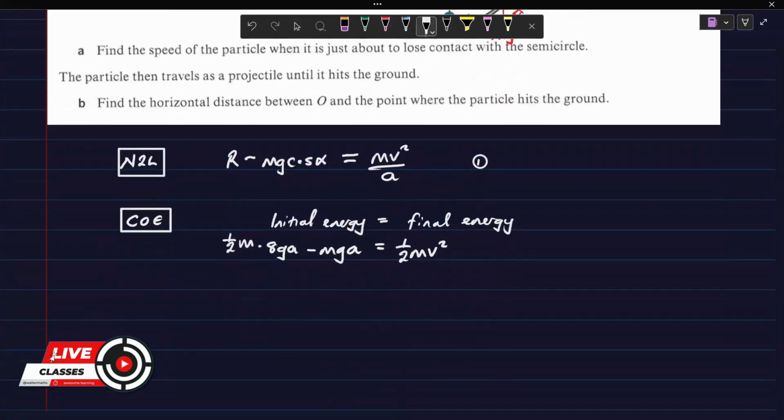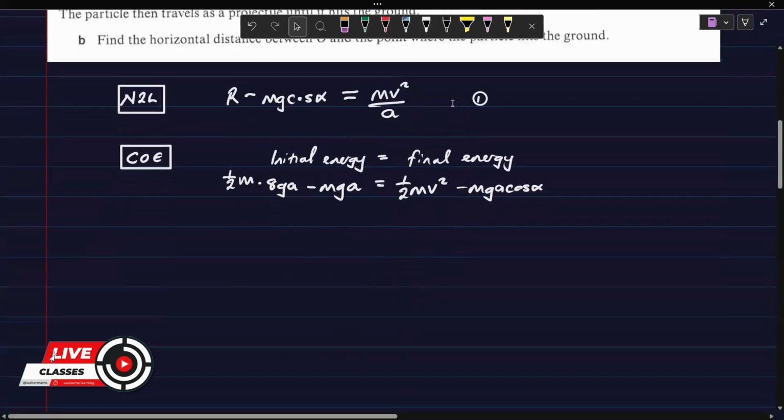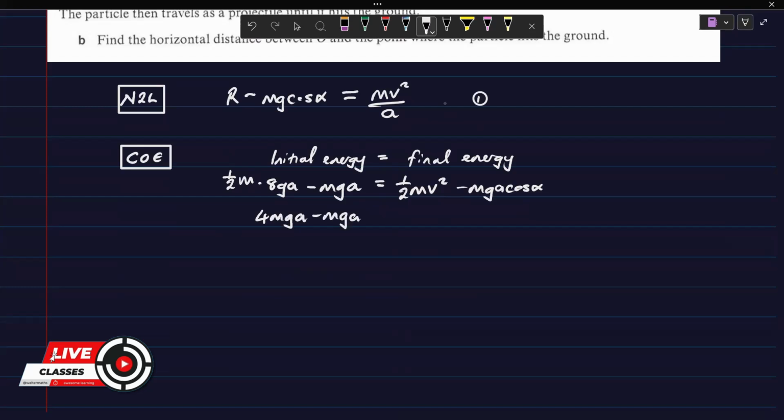With what we have right here, we can simplify. We basically have 4mga minus mga, equal to half mv squared minus mga cos alpha. So that's 3mga equal to half mv squared minus mga cos alpha.